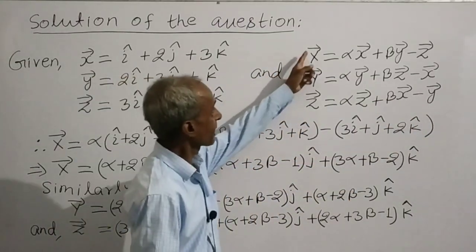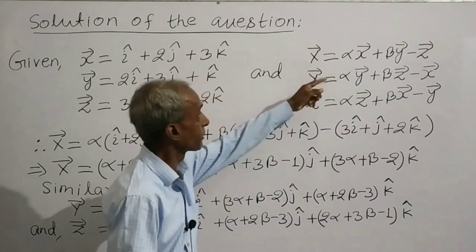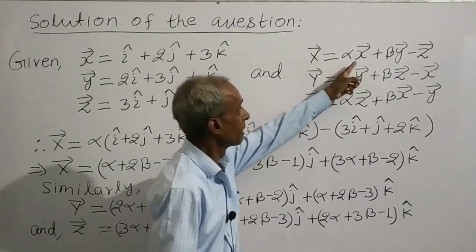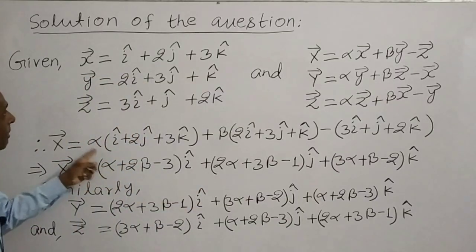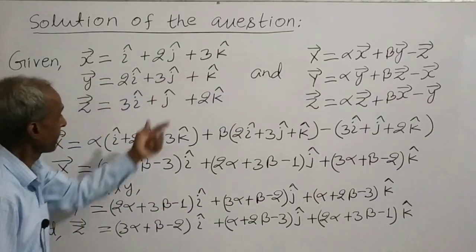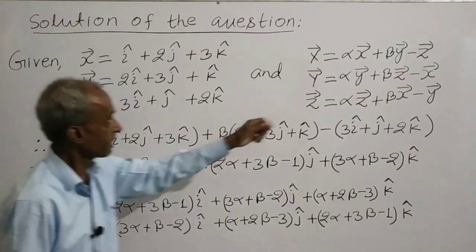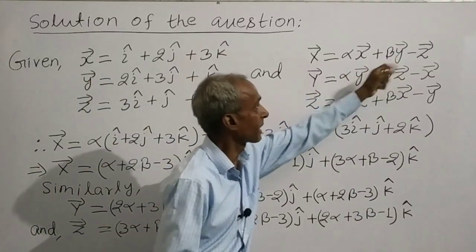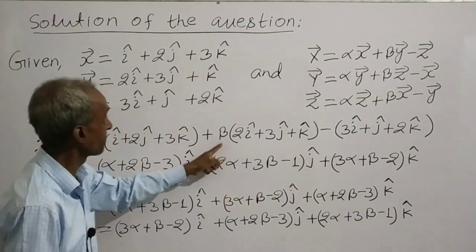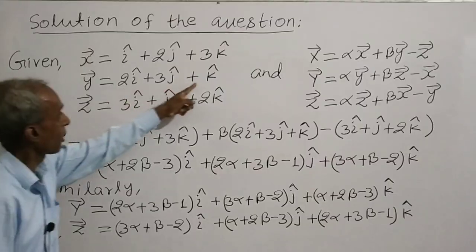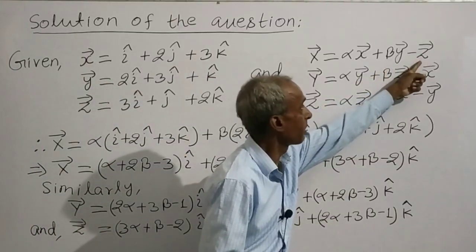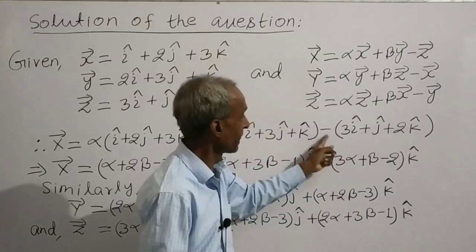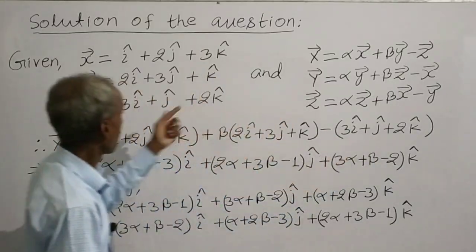Now, vector capital X is equal to alpha times vector small x plus beta times vector small y minus vector small z.